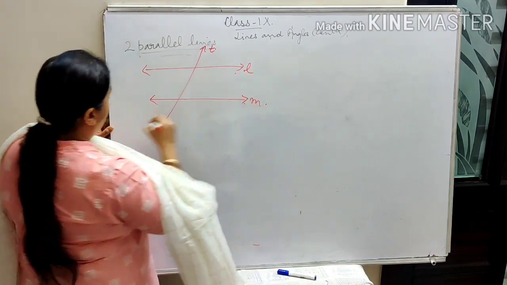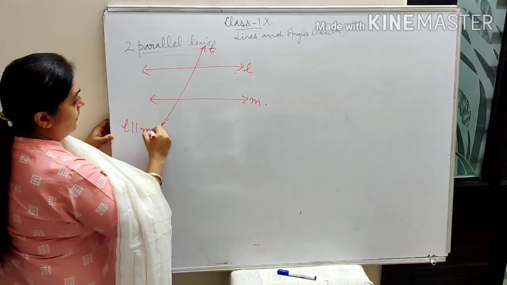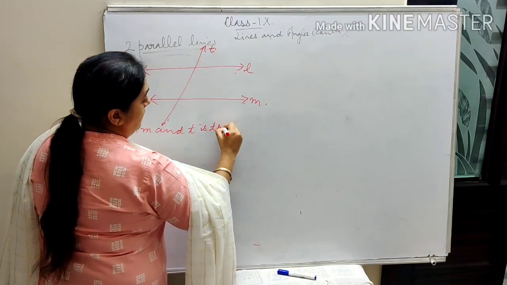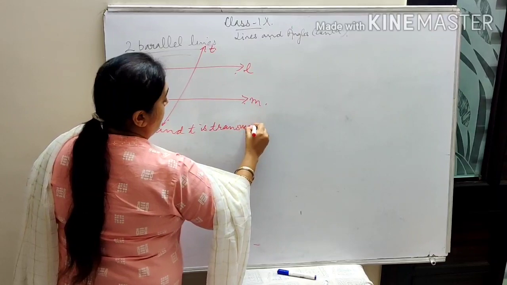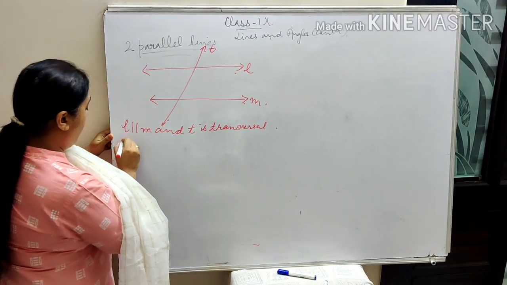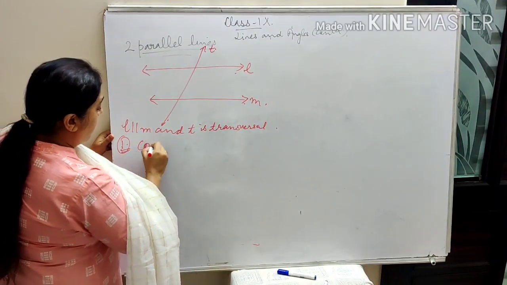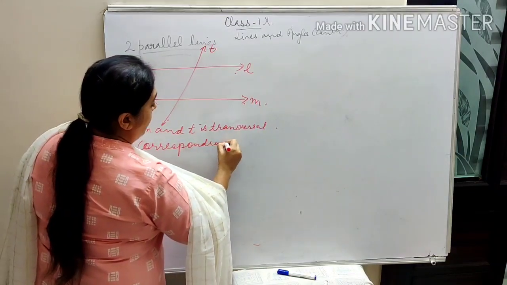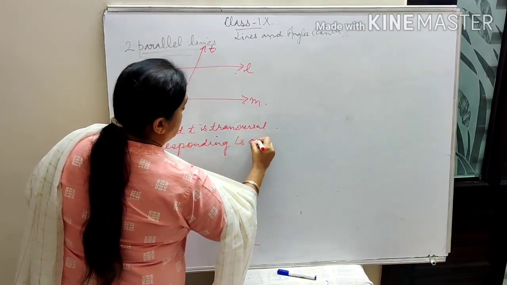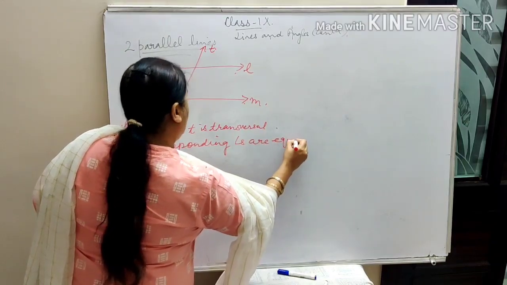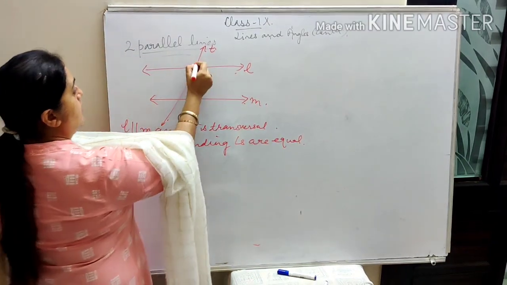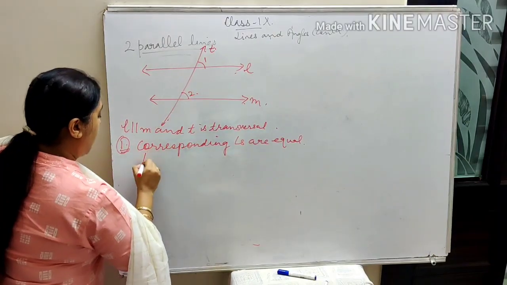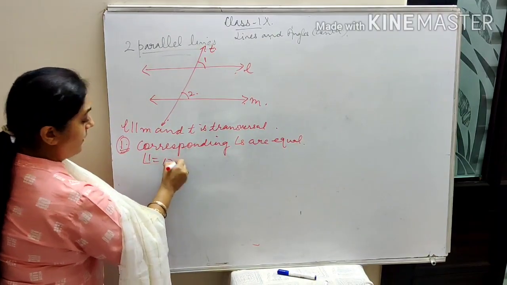When I say L is parallel to M and T is our transversal, then what I said, number 1, corresponding angles are equal. Corresponding angles are equal. और कितने pair of corresponding मैंने बनाए हैं? 1, 2. 1 is equal to 2.